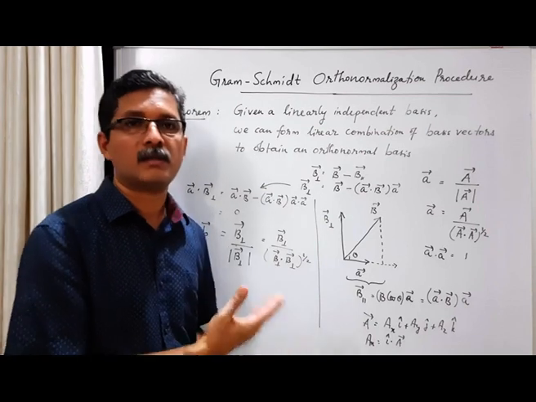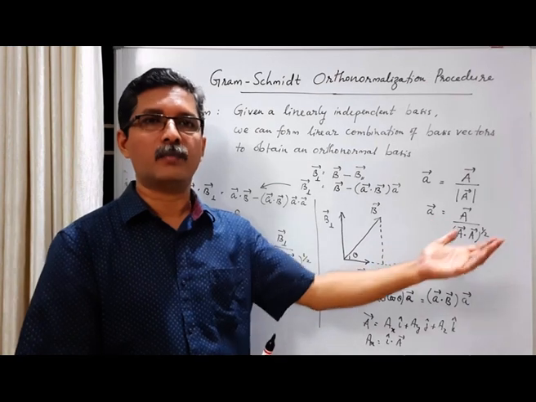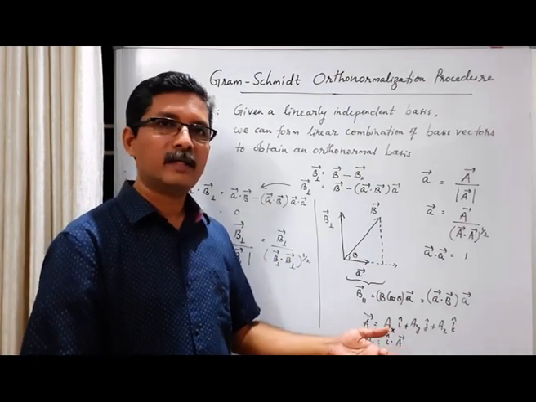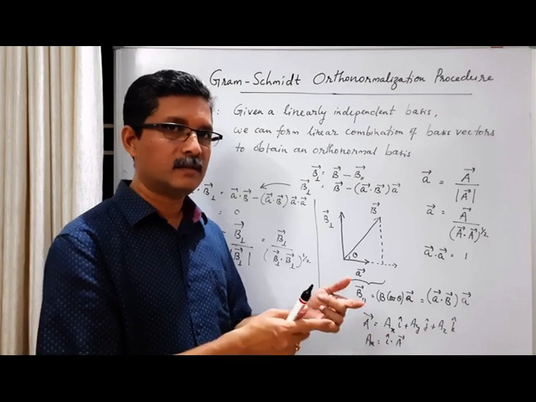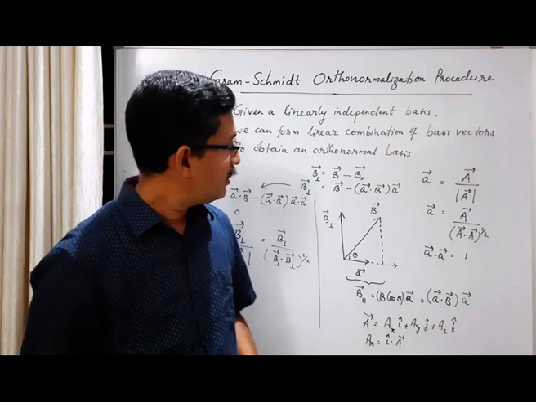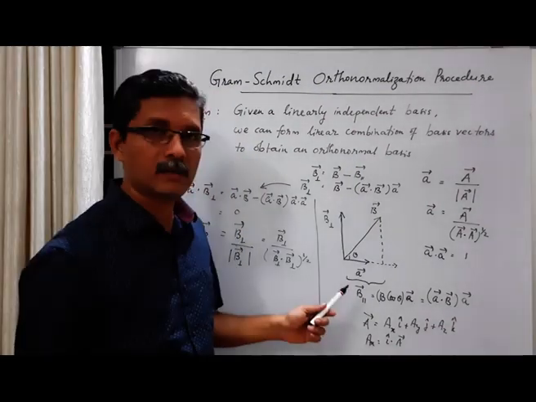You can extend this procedure, this construction, for any number of vectors. Okay, if you take a third vector, let's say you have another vector C. Then naturally you cannot do that on the plane.